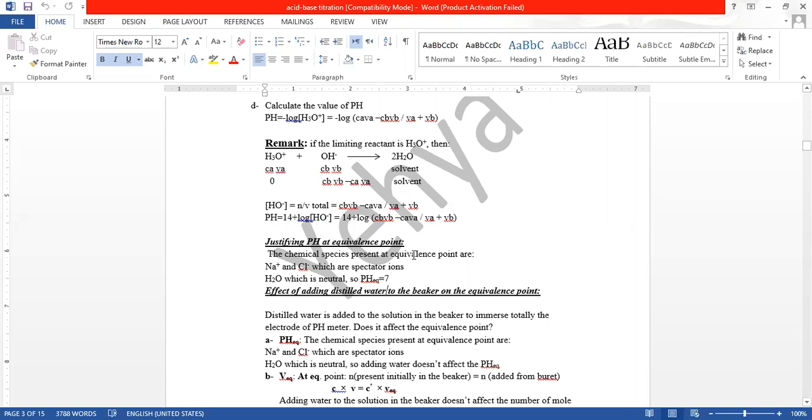What is the purpose of adding distilled water؟ Distilled water is added to the solution in the beaker to immerse totally the electrode of pH meter.